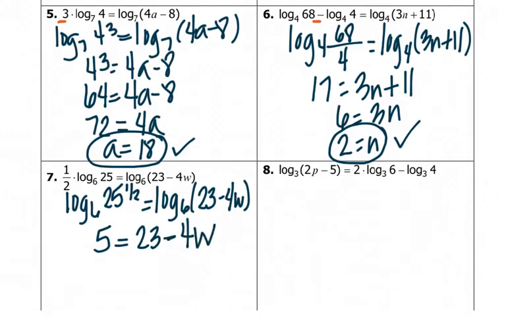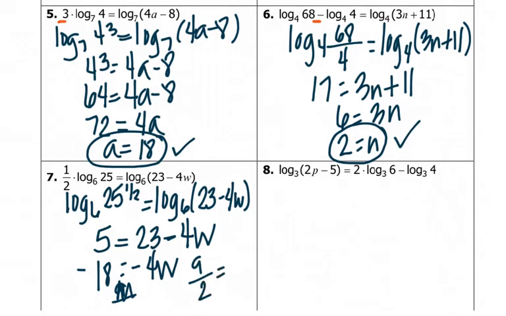Okay, so from there, we're going to solve that two-step equation. And when we do, we will get negative 18 equals negative 4w. And so w is 9 over 2. Hold on, I'm going to move over here.